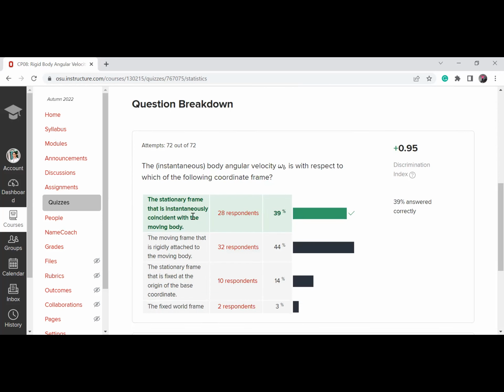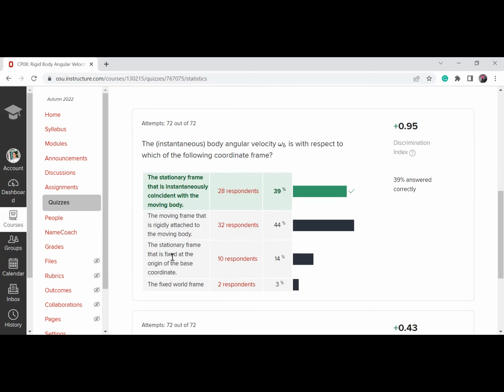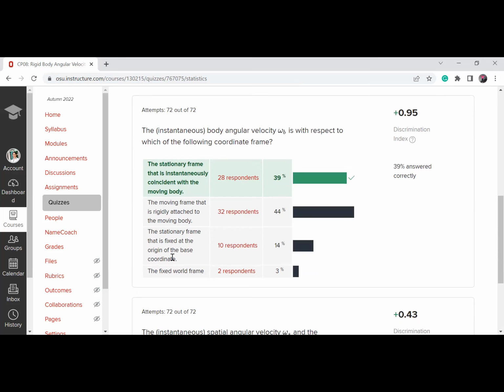For the first one, it was a close call. Most of the class got it wrong, with a small percentage getting it right. This is probably because of how it was worded, and it was chosen from your book. So it is important to read well and pay attention to detail.